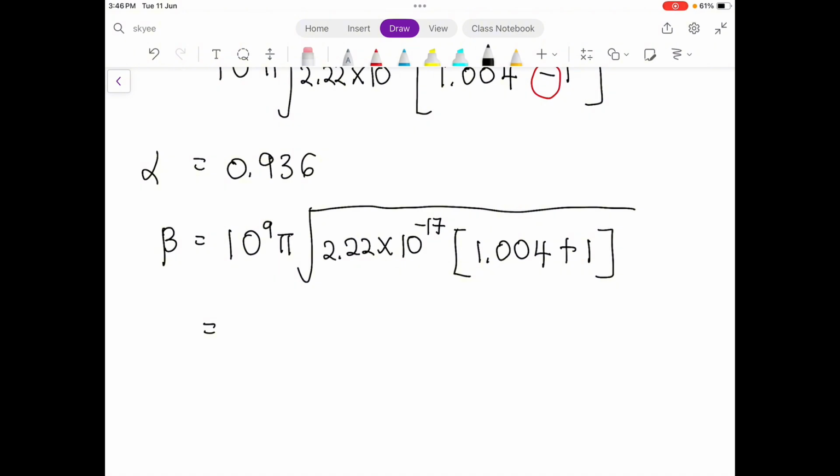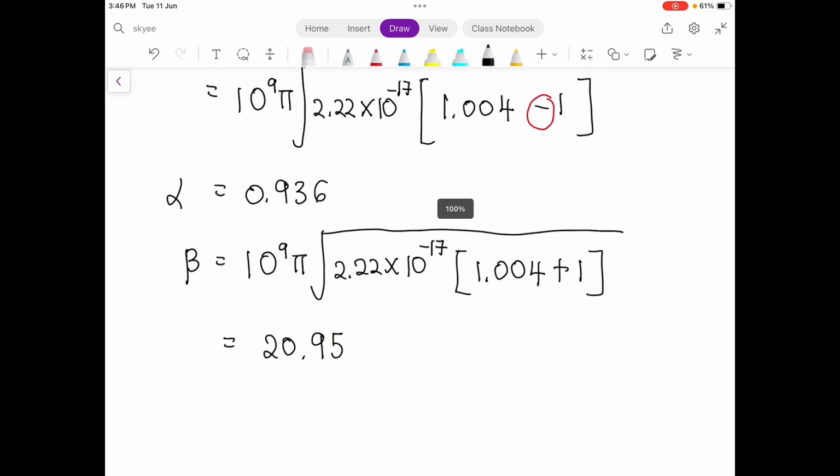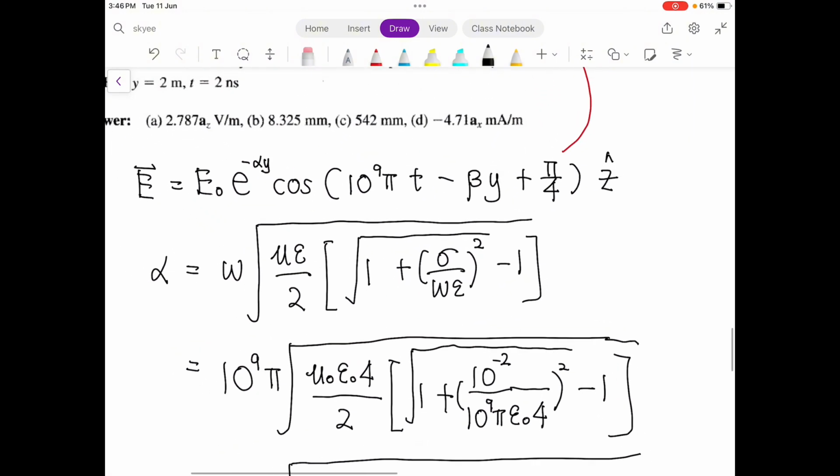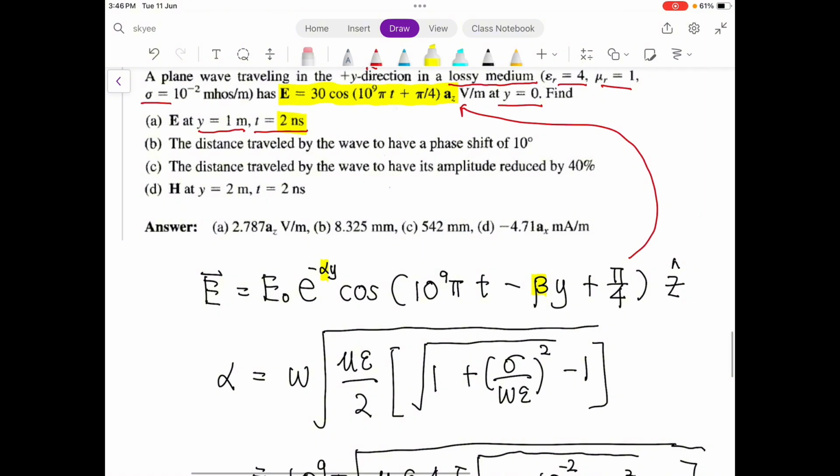So you find your answer equals to 20.95. So you get these two values. Now you can replace them over here: y will be replaced by 1 and t will be replaced by 2 nano.